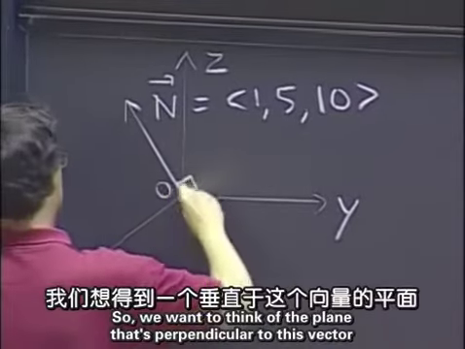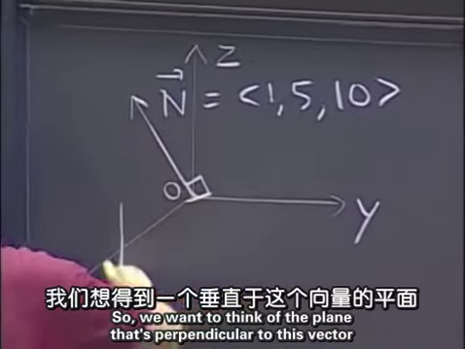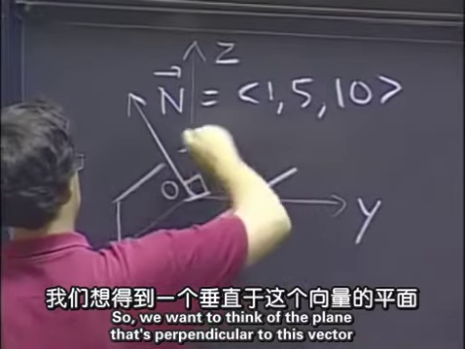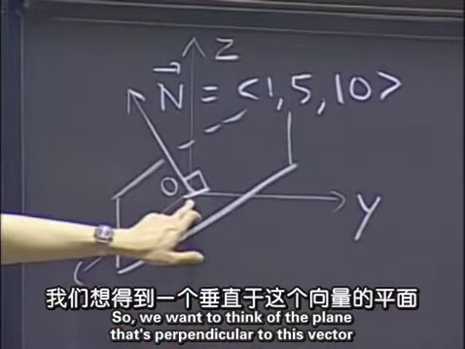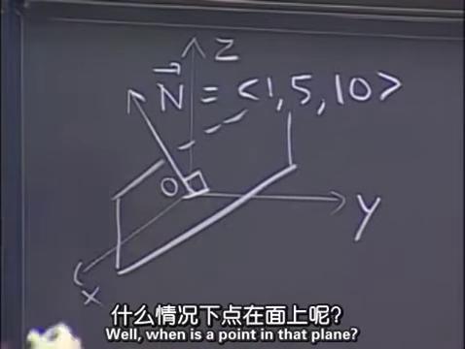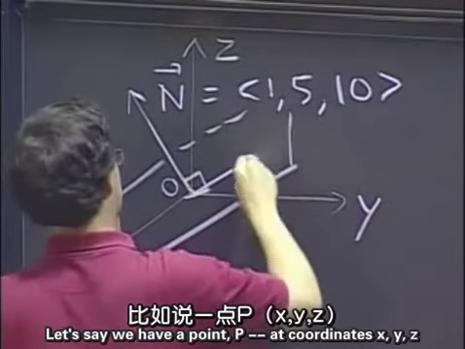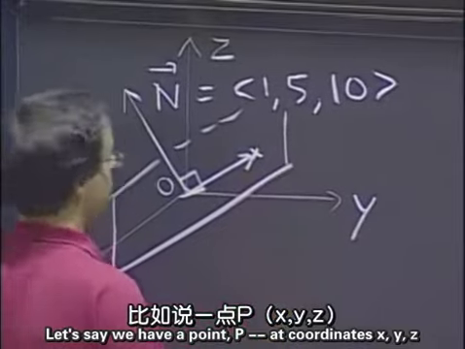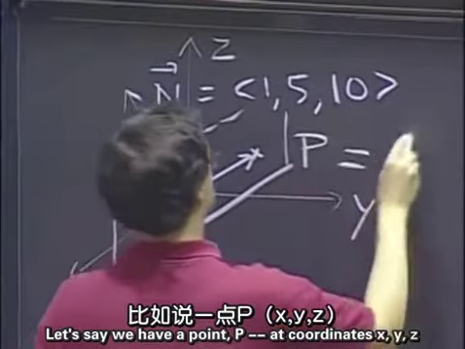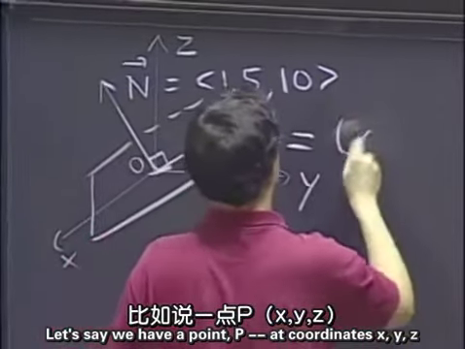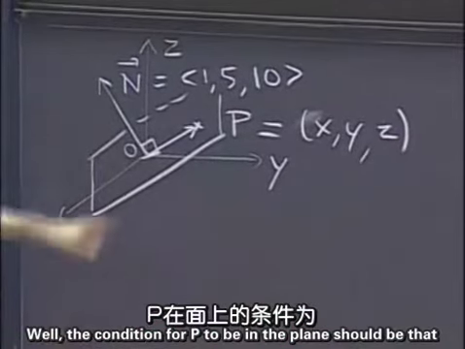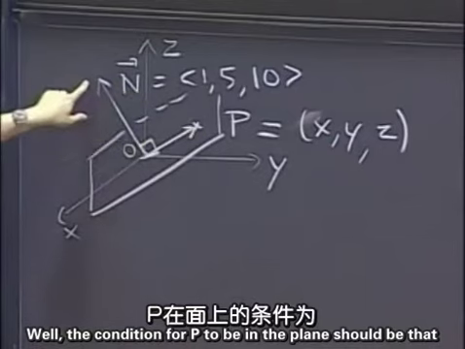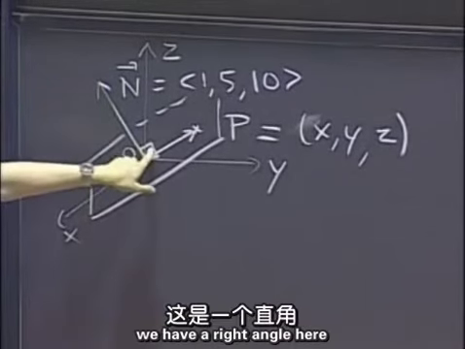Okay? So we want to think of a plane that's perpendicular to this vector. Well, when is a point in that plane? Let's say we have a point P at coordinates x, y, z. Well, the condition for P to be in the plane should be that we have a right angle here.